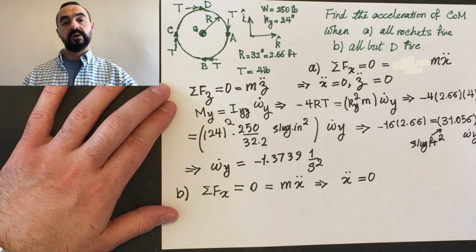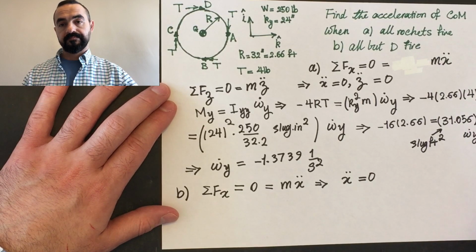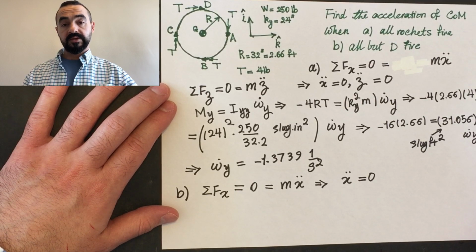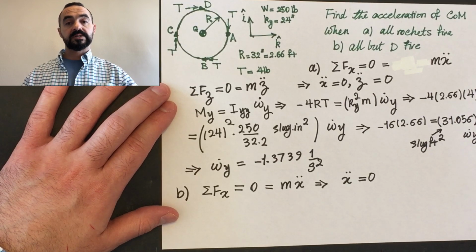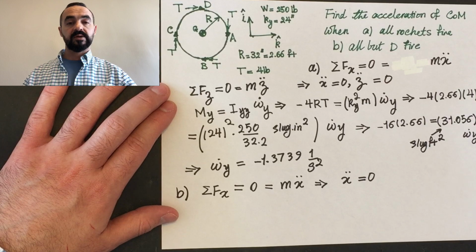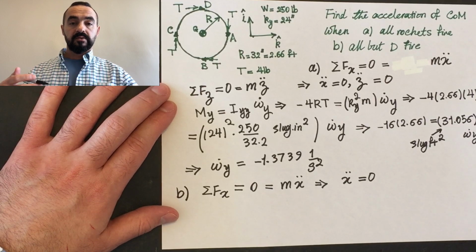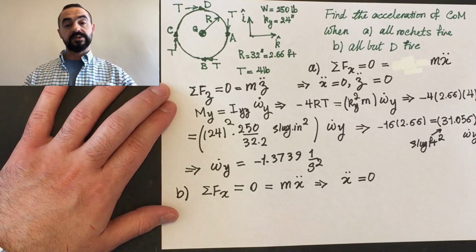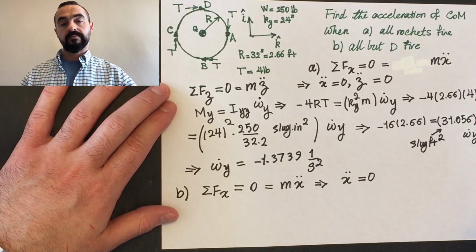Because then we are defining the rotation about that point. Okay? We define it about that point, but if somebody asks, what's the angular acceleration for this body, we're going to just give them one number.